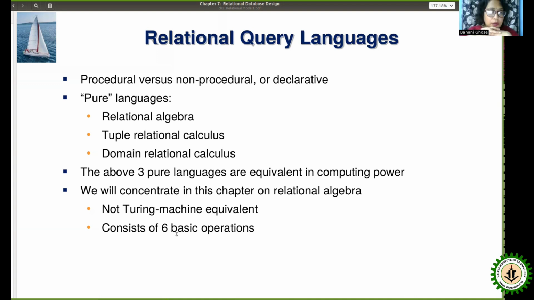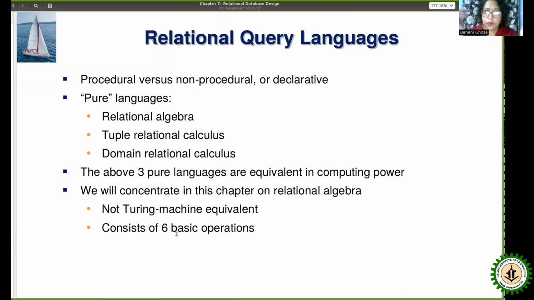In case of procedural query language, what is the basic objective of query language? Why is it written? The basic idea or objective of writing a query language is to retrieve some data which is residing in the database according to the need of the user. So this is the objective for both the procedural query language and the non-procedural query language.